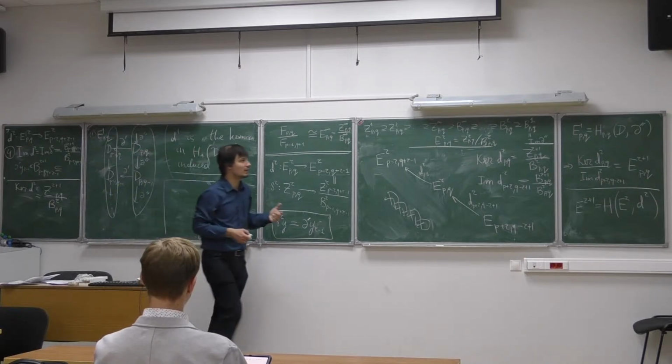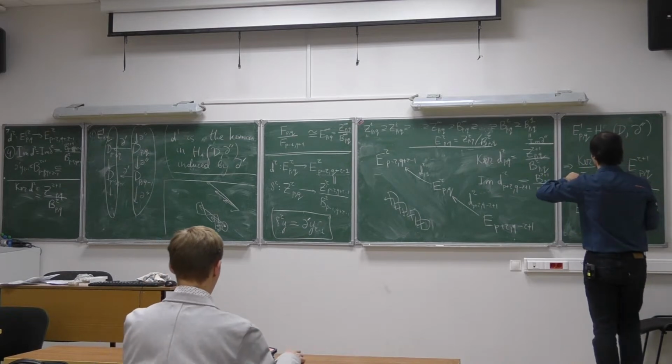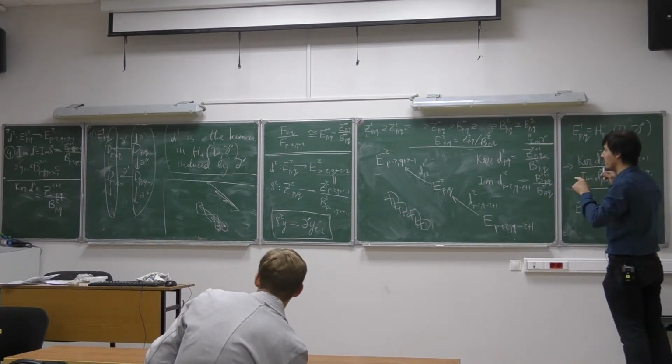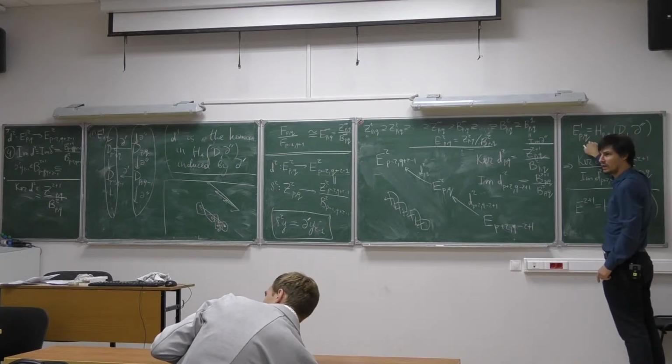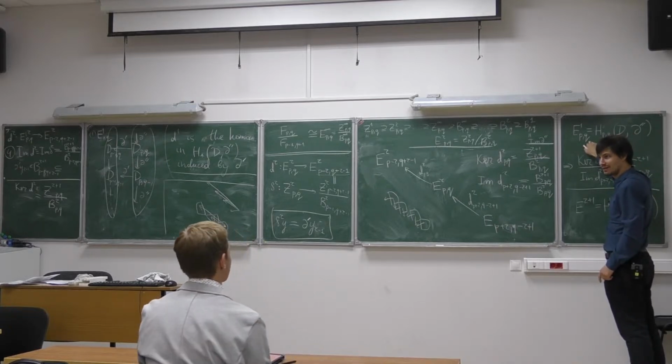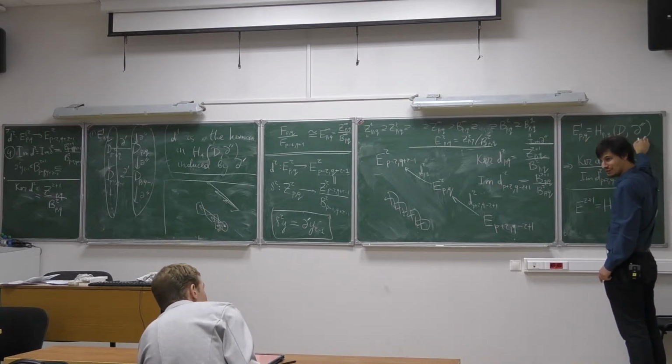Sometimes it is useful to understand that we can make one more step. In fact, we can start not with E1 but with E0. E1 is again homology with respect to D2 primes.